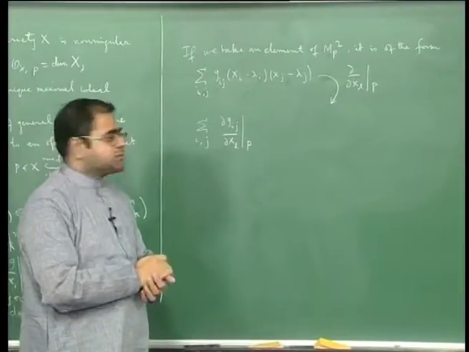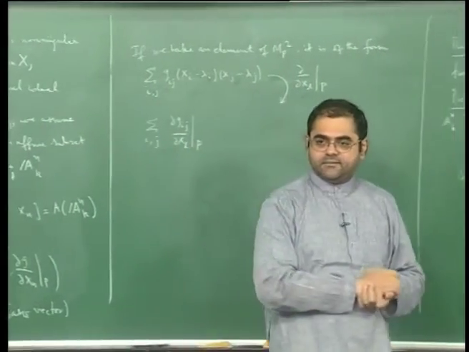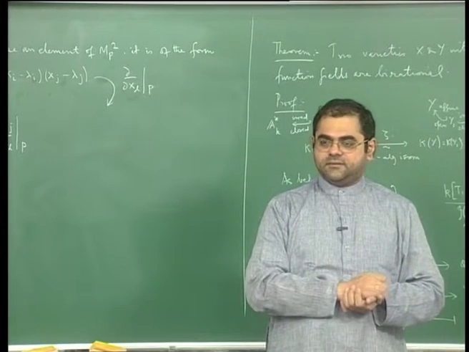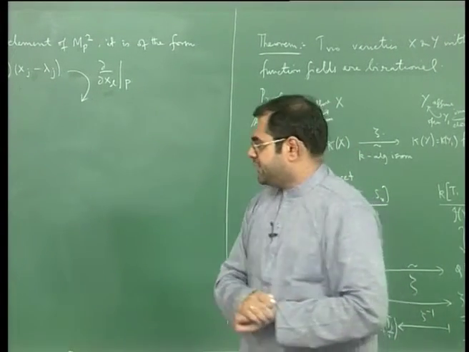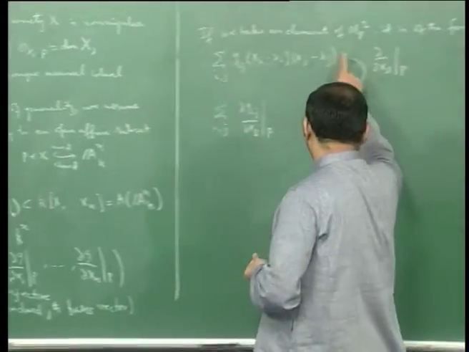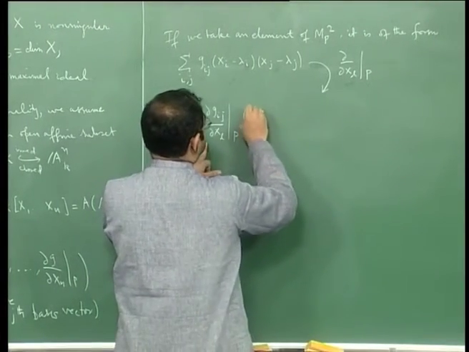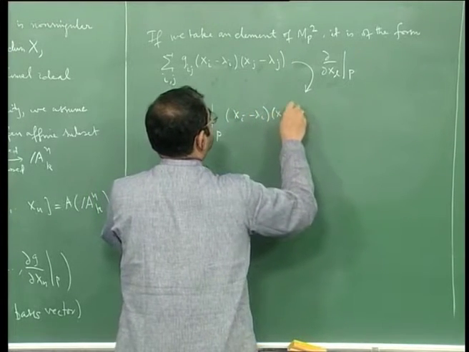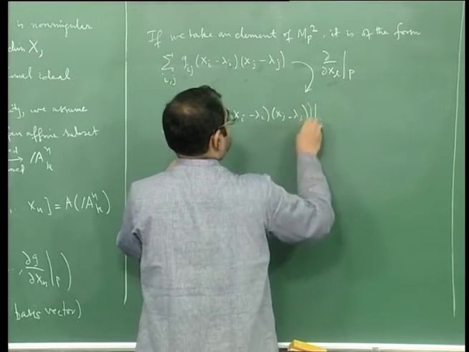This is the Lth component of this map psi. The map psi is: apply all the partial differential operators, and then substitute the point p. So the Lth component of this map, that is this map followed by Lth projection, what is it? If you apply the chain rule, this will be xi minus lambda i times xj minus lambda j at p. This is one term.